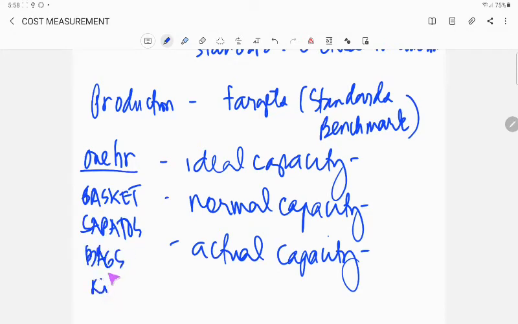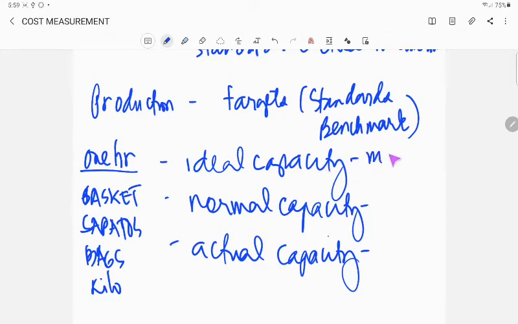O ilang kilo yung inilalabas, 'di ba? So, yun yung pagbabasihan mo. Kasi ito yung produkto mo, basket, sapatos o serbisyo, 'di ba? Nagre-repair ka ng sapatos, gumagawa ka ng basket, gumagawa ka ng sapatos. Ganun din naman ang bag, no? Ganun din naman pag nagmi-meal ka ng rice, serbisyo yun 'di ba? So number of kaban, number of kilos.